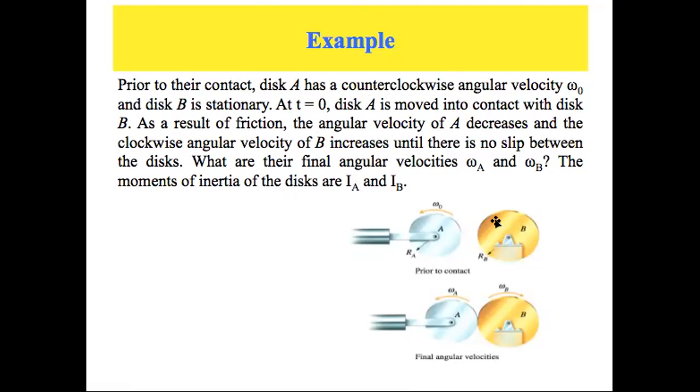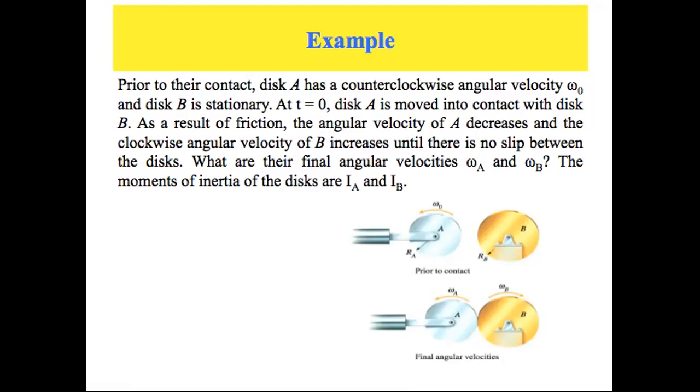Disk A is moving into contact with disk B. As a result of the friction, the angular velocity of disk A decreases and the clockwise angular velocity of disk B increases until there is no slip between the disks. What are their final angular velocities, meaning omega A and omega B? The moments of inertia of the disks are IA and IB.